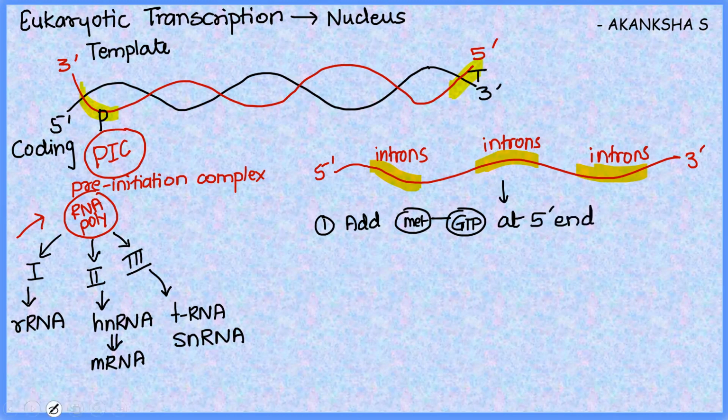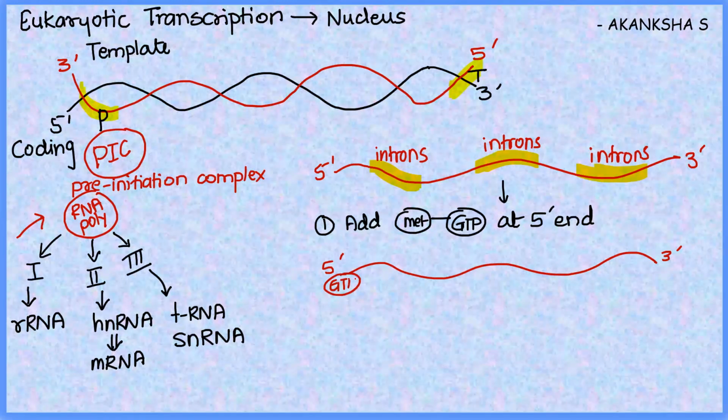This is our 5' end with our introns intact, and over here at the 5' end, there is going to be a GTP molecule with a methyl group attached. So these are introns, and introns are still present.